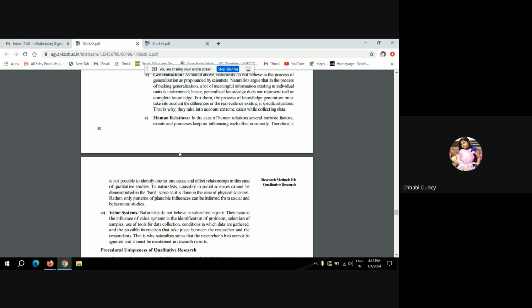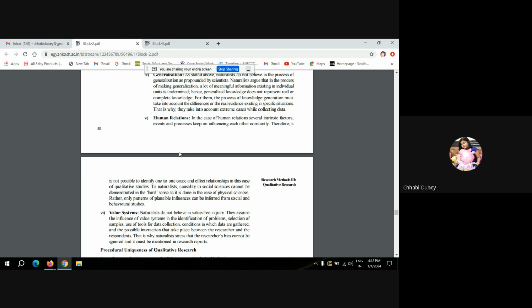Not only does the researcher come from a background, the respondents who are part of the research work also come with a particular background, with particular thoughts, thought processes, perceptions, and ideologies. So definitely you cannot believe in a totally value-free inquiry as is possible in the physical sciences.